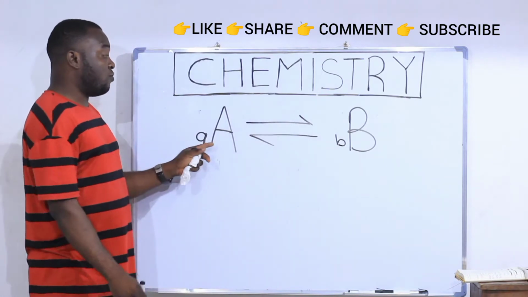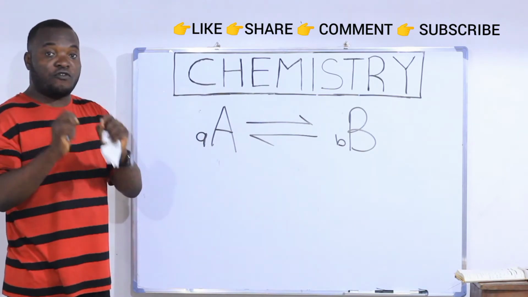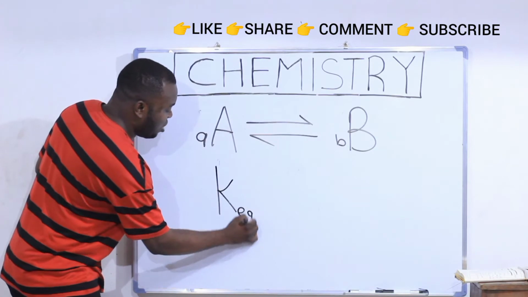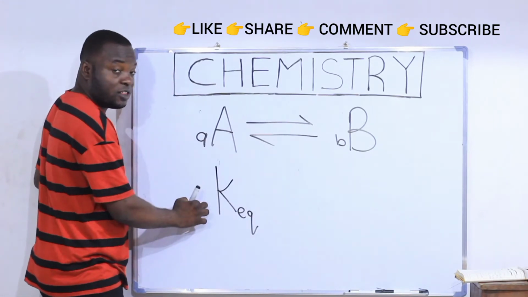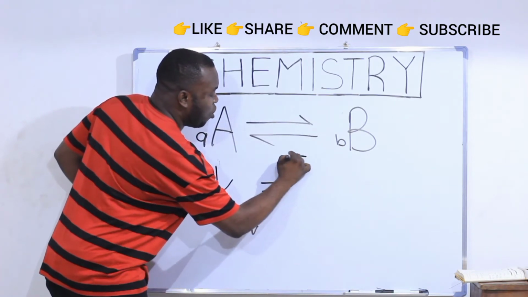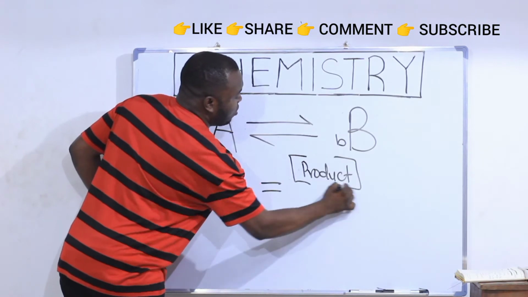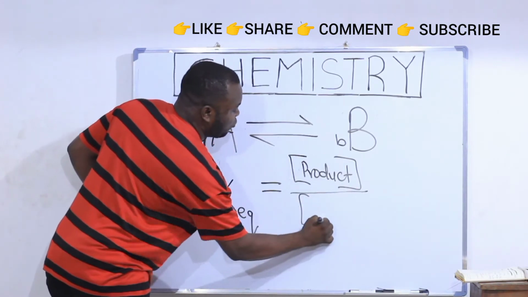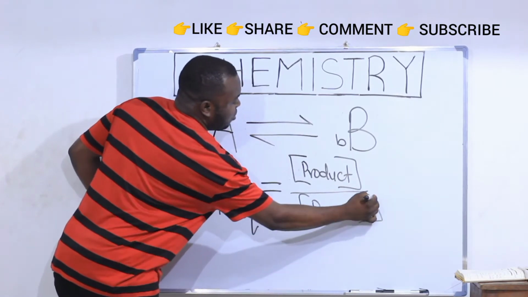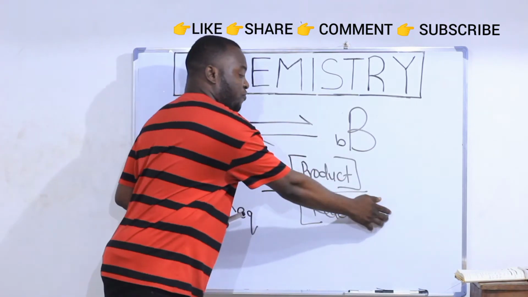The equilibrium constant of this reaction, which is in equilibrium state, according to the law of mass action, states that equilibrium constant, KEQ, is equal to the concentration of the product divided by the concentration of the reactants, each raised to its stoichiometric coefficient.